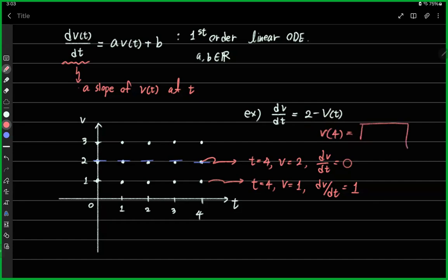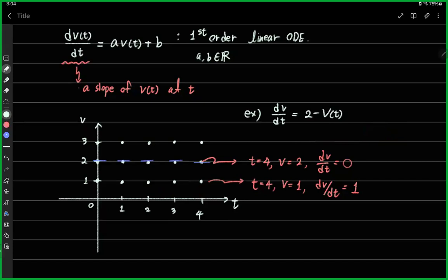We don't know the formula for v(t), but we know that v equals 1 at t equals 4, right at this point. That is what we are given.